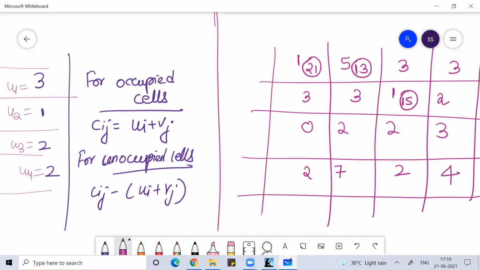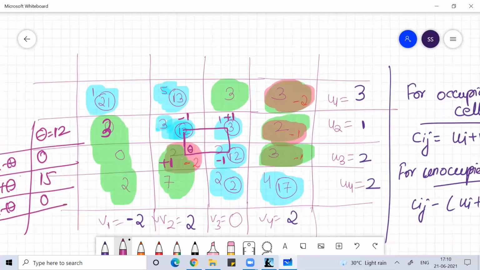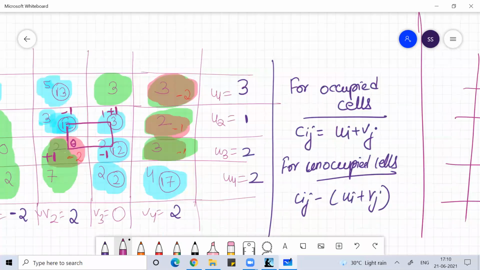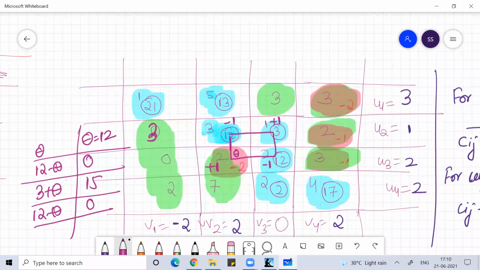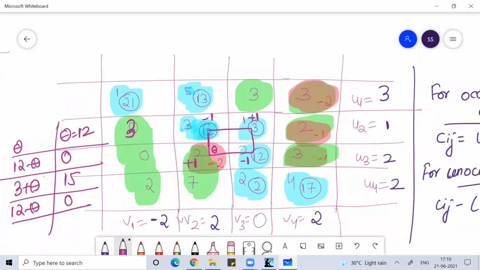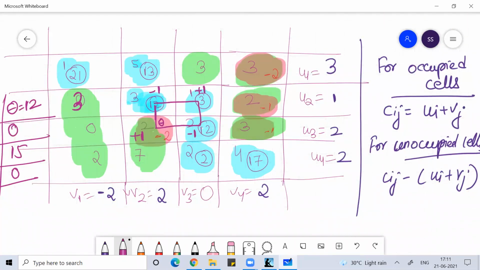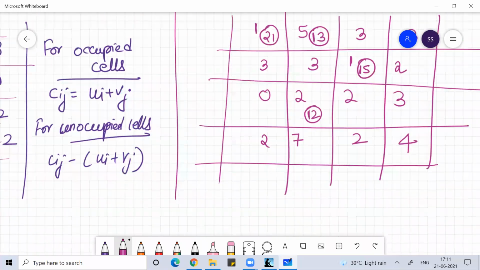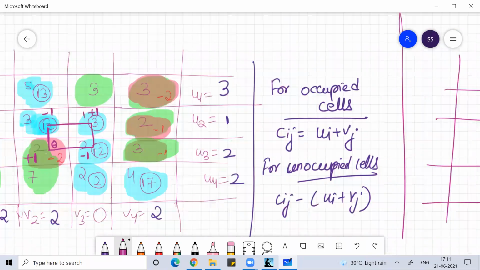So this is 21, 13, this is 15, then 2, then 0, 2, 2. The allocation should be 12, and this will again be 0, 2, 12, then 2, 12 allocation gone, then 3, then 2, 7, 2 allocation, and 4, 17.